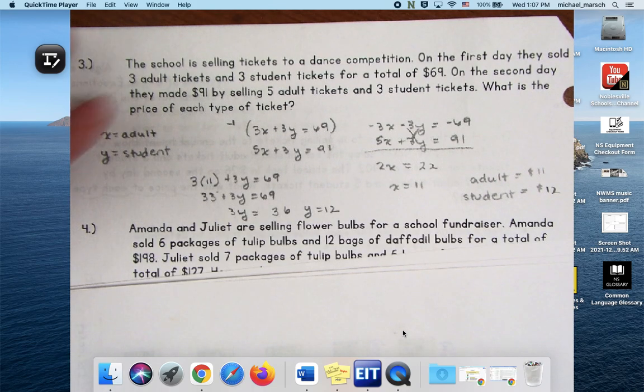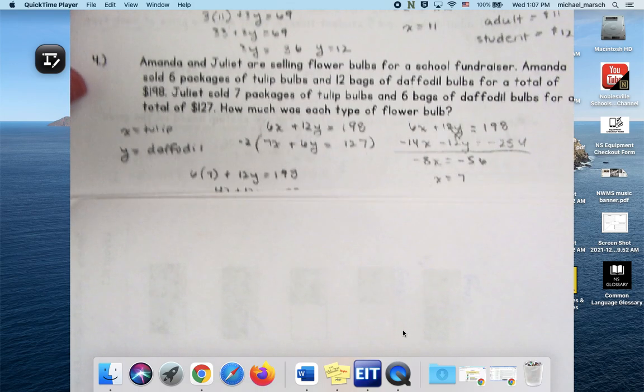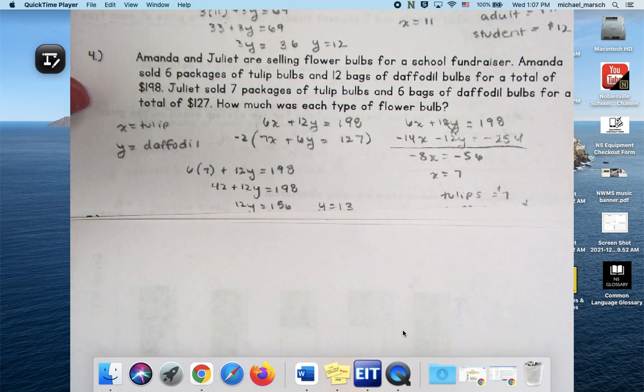Number 4, we've got tulips and daffodils. I made X tulips, Y daffodils.